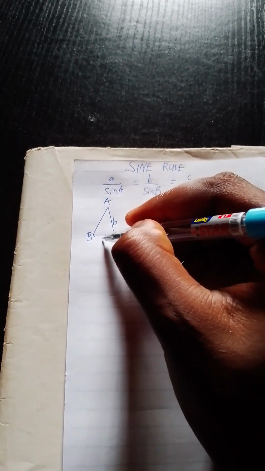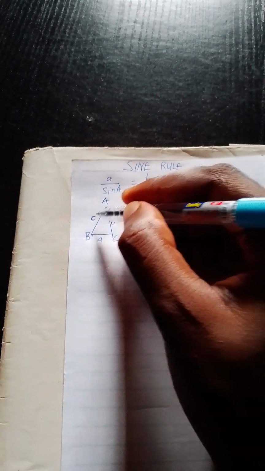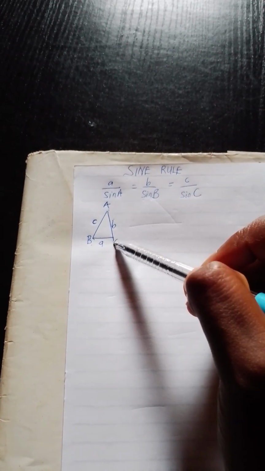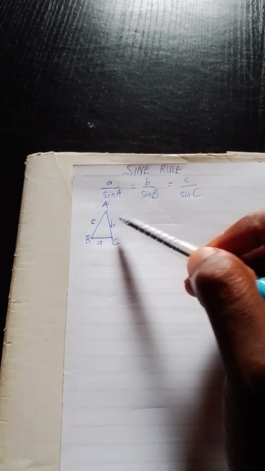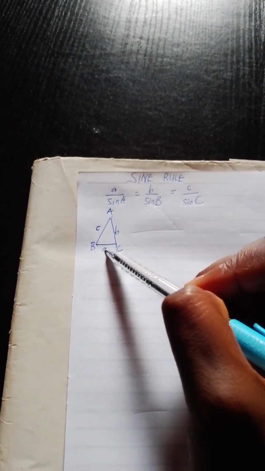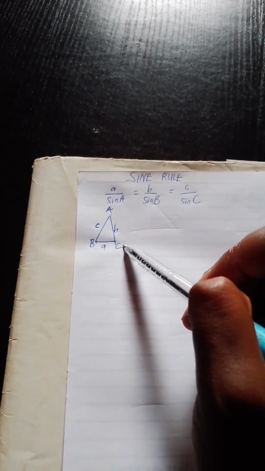The side facing this angle is going to be the small a, and the side facing this angle is going to be the small c. So these are the angles, and they are written in capital letters, and these are the sides written in small letters. So what sine rule is simply saying is that a over sine A is equal to b over sine B, which is also equal to c over sine C.